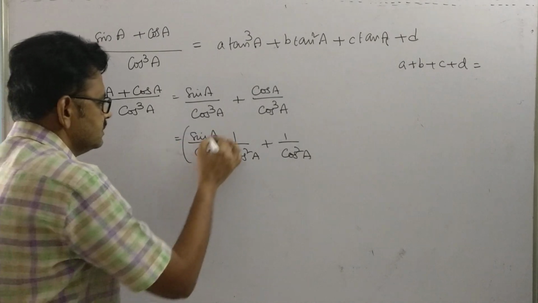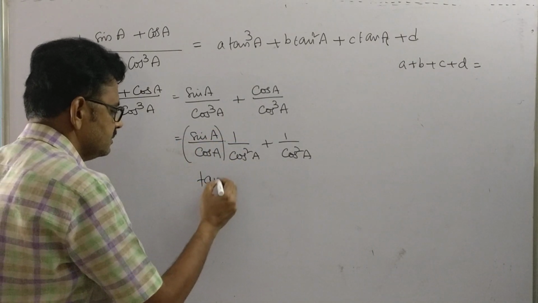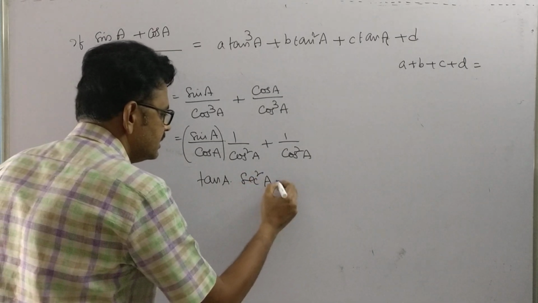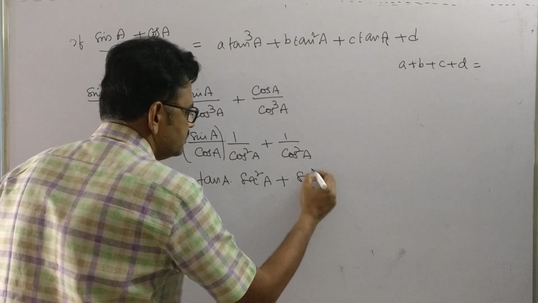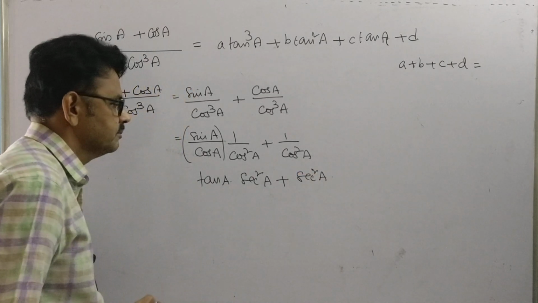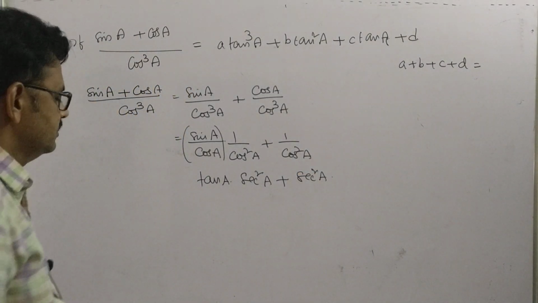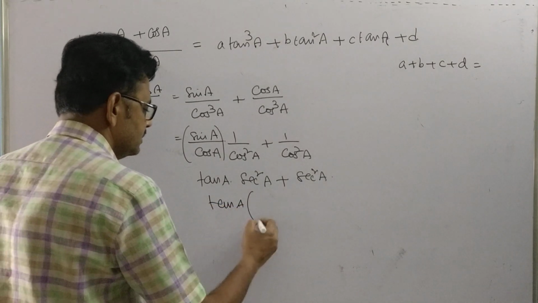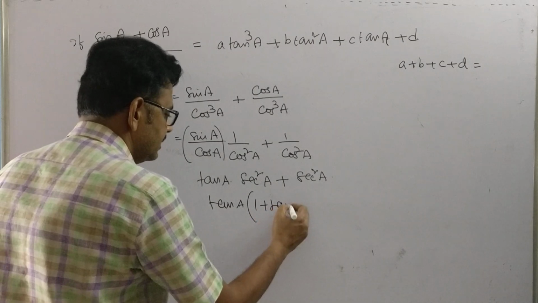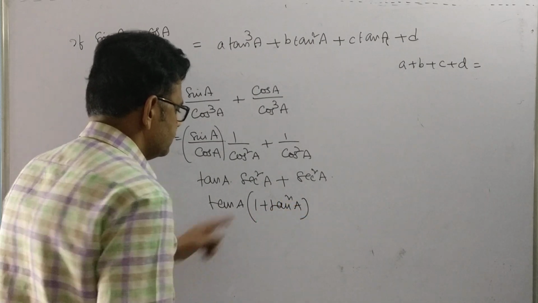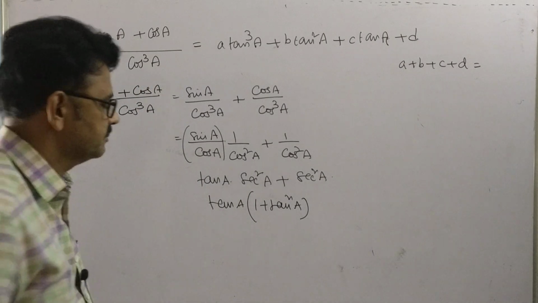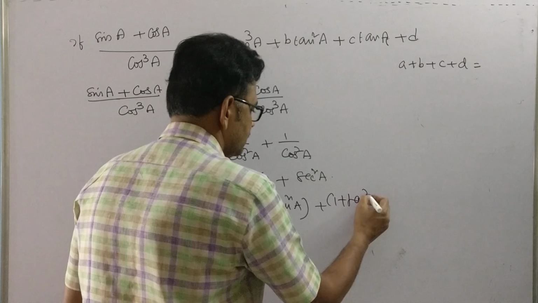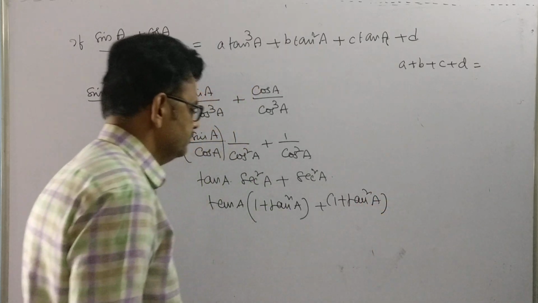So this is tan a into secant square a, plus this is also secant square a. So this is tan a into (1 + tan²a), since secant square a is 1 + tan²a, plus this is also 1 + tan²a.